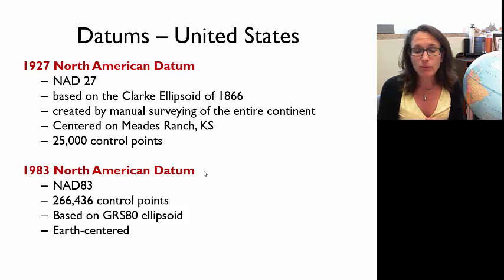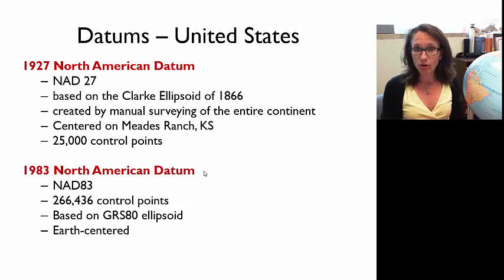There are three main datums that we use in the US. The first two that we'll talk about are the North American Datum of 1927 and the North American Datum of 1983, NAD 27 and NAD 83. NAD 27, if you look at an old USGS topo map, it'll be referenced to the NAD 27 datum.